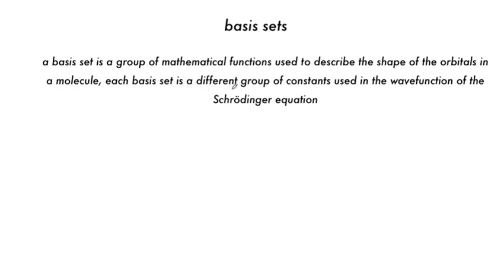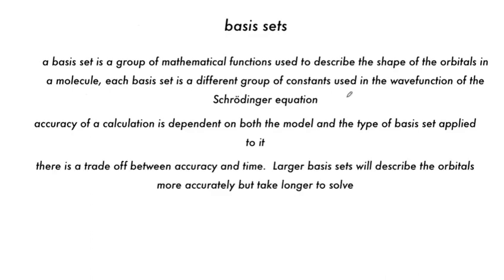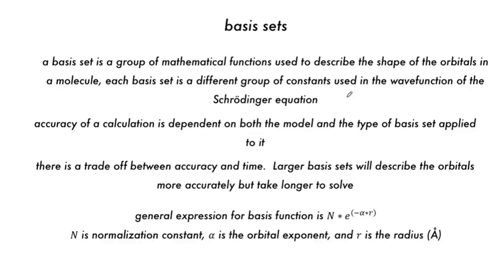Each basis set is a different group of constants used in the wave function of the Schrödinger equation. Accuracy of a calculation is dependent on both the model and the type of basis set applied to it. And there's a trade-off between accuracy and time. Larger basis sets will describe the orbitals more accurately, but take longer to achieve.